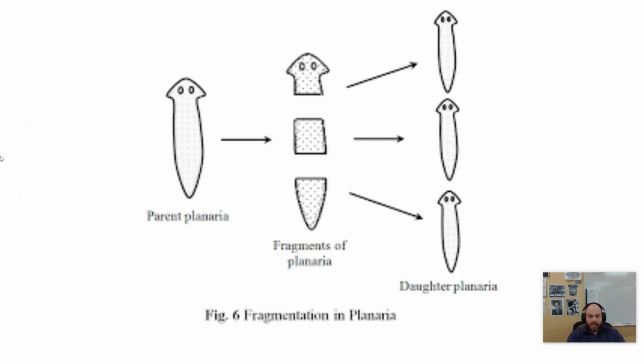They reproduce from fragmentation, which is again asexual, but some of them are able to reproduce sexually as well, and they're monoecious. They have a syncytial body covering called a neodermis. Remember, syncytial is like one big cell, so it's a living thing, but not what you would think of as far as an epidermis is concerned.